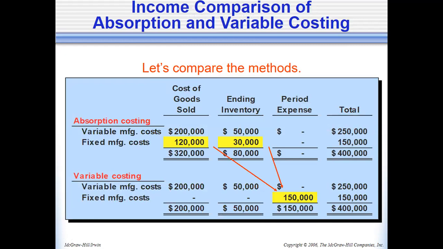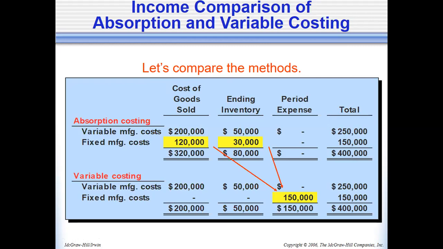In this case, absorption costing is higher by 30,000, which is the fixed manufacturing cost attributable to the ending inventory. Again, that's 25,000 production, higher than 20,000 sales. So that's 5,000 units multiplied by the fixed manufacturing cost of 6, which equates to 30,000 dollars.